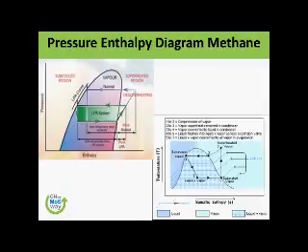All this area here is liquid. All this area here is gas. But in between these two states, there is a mixture of liquid and vapor. So we do this journey from liquid to vapor in our refrigeration cycle.